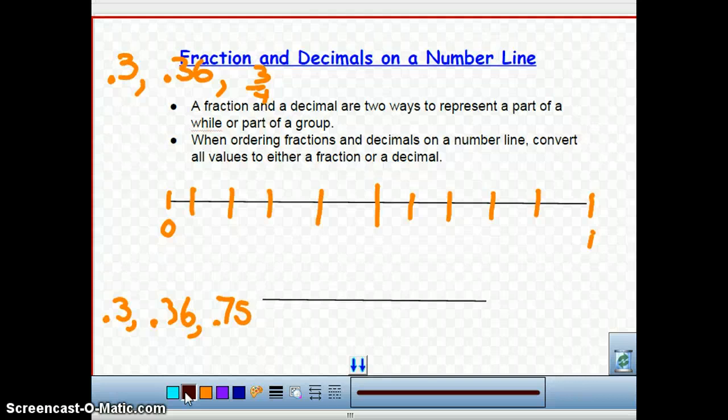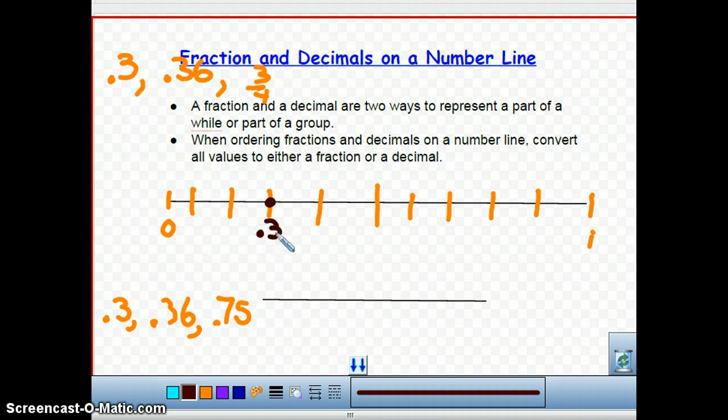The third line. Okay, so she says it would go on the third. I'm going to start counting at my zero. Here is 1/10, 2/10, 3/10. So right here is my decimal 3/10.